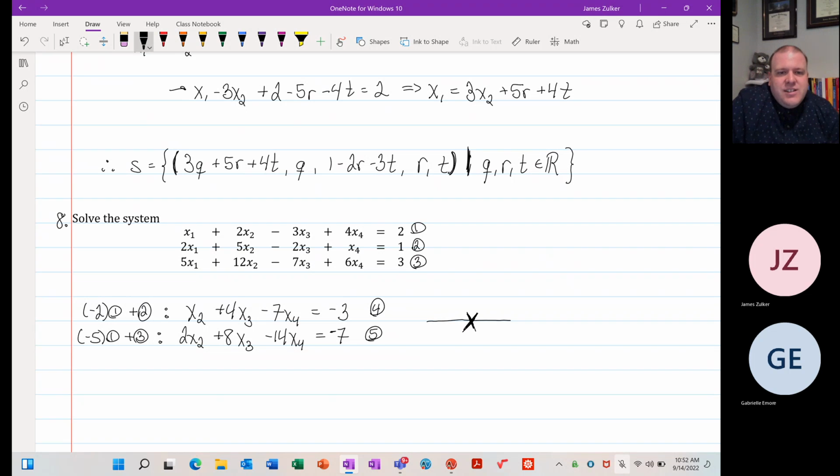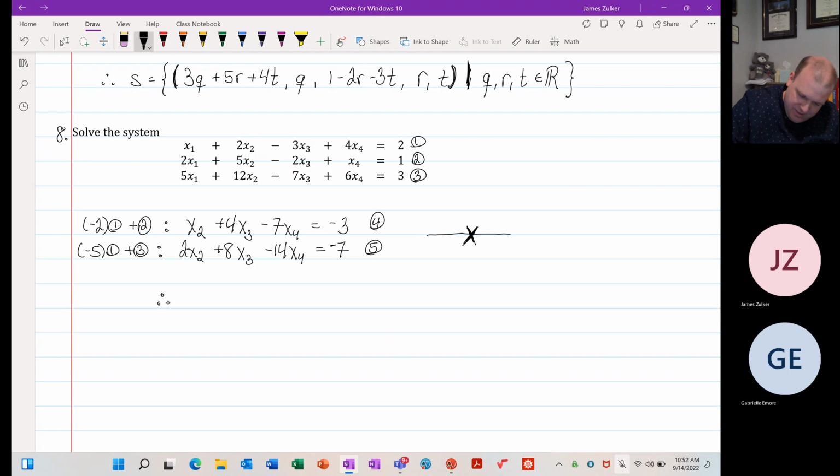This leads to a contradiction. Multiply equation 4 by 2, right? You get the left-hand side of equation 5 is equal to -6, right? So what these two equations are saying is -6 is equal to -7, which is nonsense. So we have no solution.